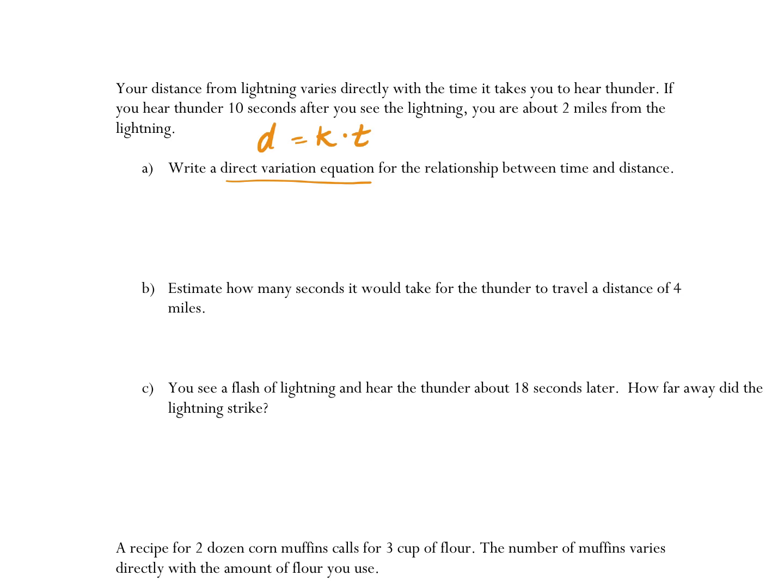Okay? So, I need to figure out what is that value for k. So what am I going to fill in for the distance? Distance equals k times, my time in this case is 10. So my constant of variation here is 2 over 10, which you could either write as 1/5 or 0.2.